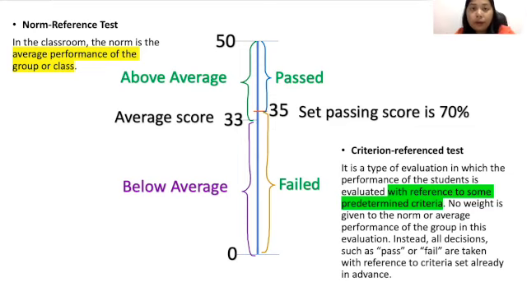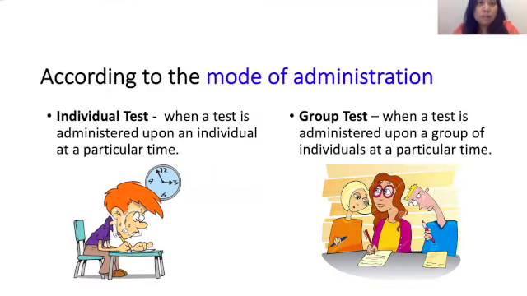For example, in this illustration, in a 50-item test, the teacher set a passing rate of 70%. That means the student must get a minimum score of 35 to be able to pass the test, because lower than 35 is failure.